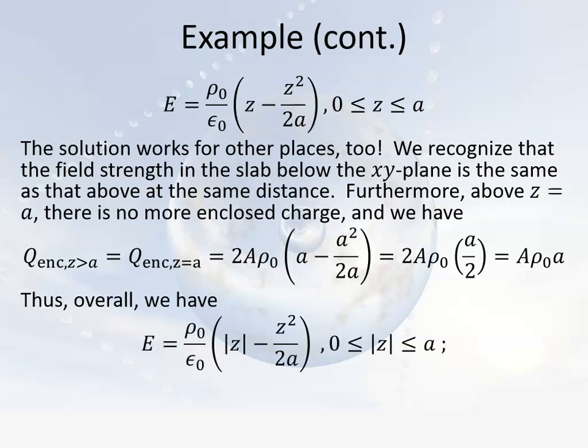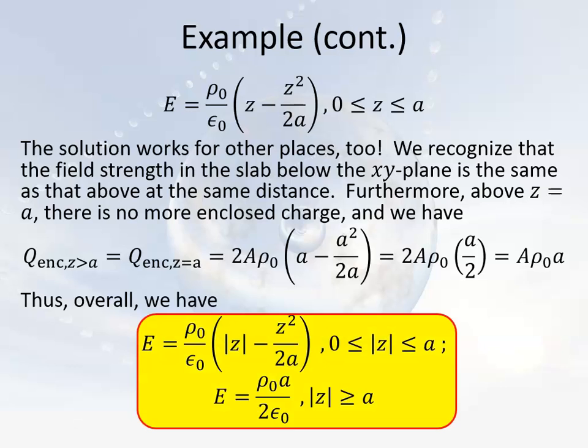So now, setting this last result equal to 2EA, the A's cancel, divide by 2, and you get rho naught a over 2 epsilon naught for the electric field. Again, don't forget to divide your enclosed charge by epsilon naught. So there is the electric field for this particular slab of charge.